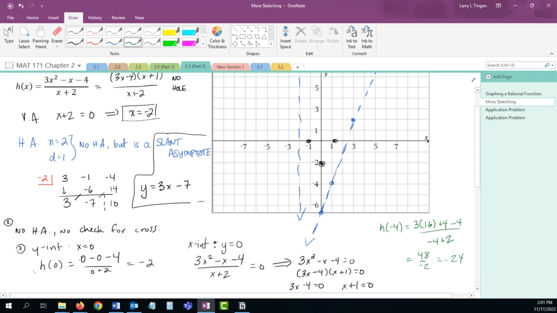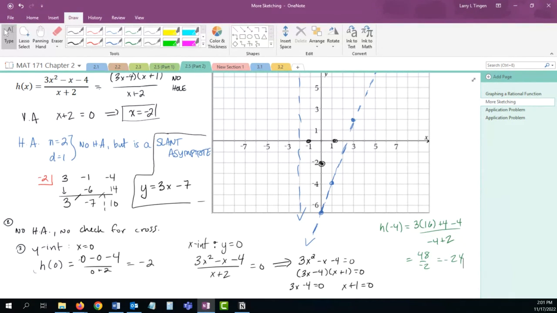So that's -24. So where am I at -4? I'm way down here. I'm not below the slant asymptote, but I am down there. I'm way down here. So does it get better the farther left I move?